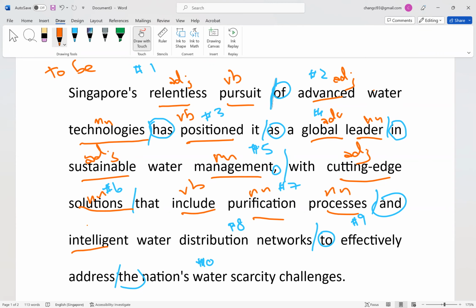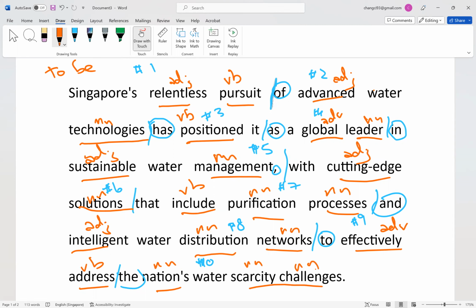Intelligent water, so adjective, water distribution networks, that's also technically another noun phrase, but we're going to split it up, to effectively adverb, address verb, the nation's water scarcity challenges, another noun phrase, but two separate nouns.